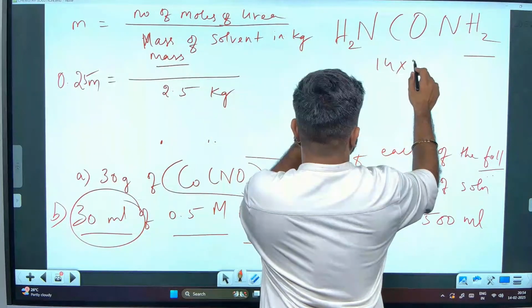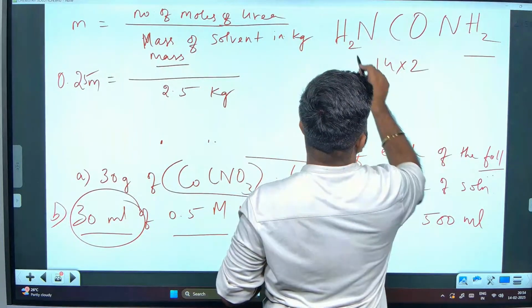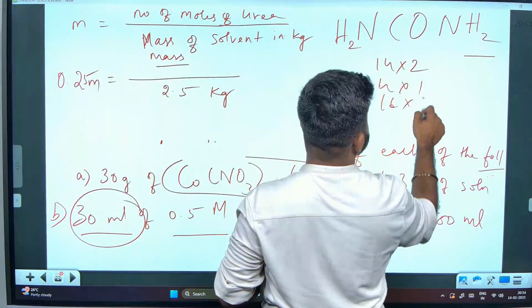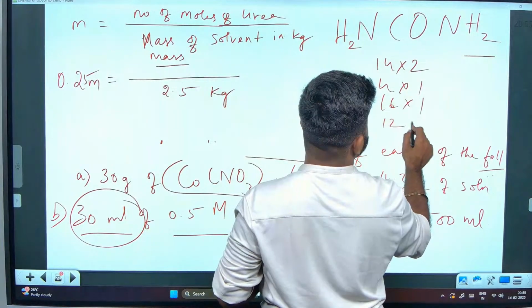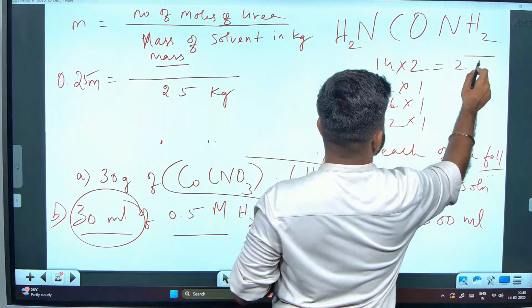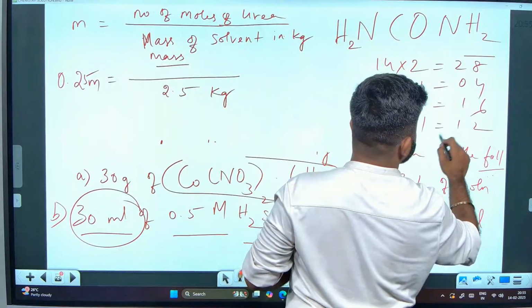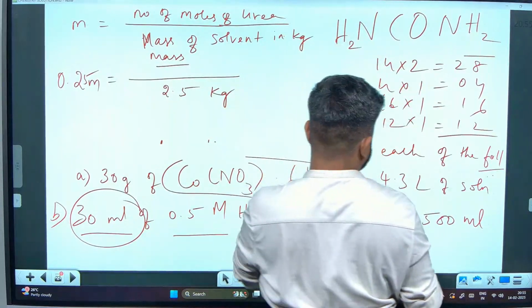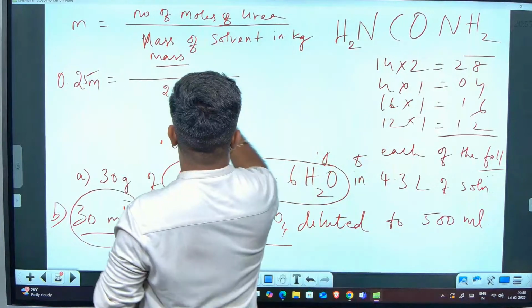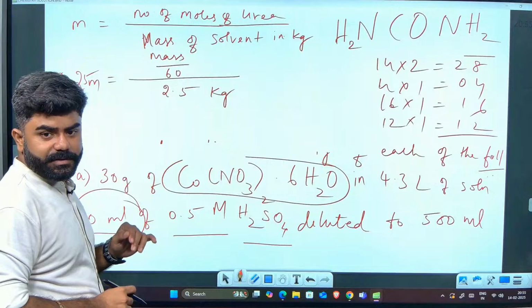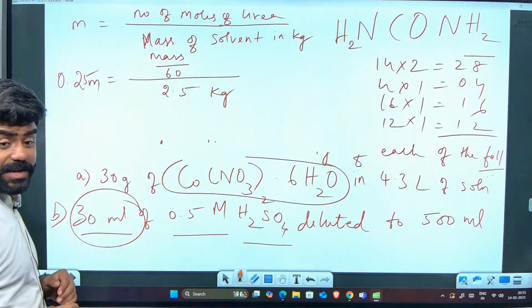Nitrogen 14 into 2, hydrogen 4, oxygen 1, carbon 1. Correct? 28, 4, 16, 12, 60. Okay. So mass by 60 by 2.5 kg.